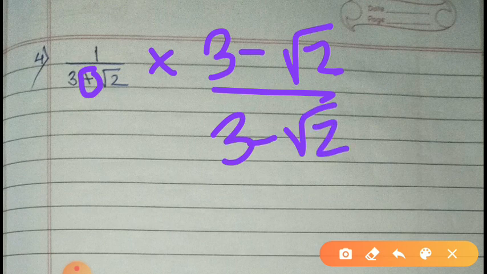See, here 3 plus root 2 is given in the question. Since here it is plus, I have to just change the sign and then multiply. So with what do I have to multiply? I have to multiply with 3 minus root 2 by 3 minus root 2.